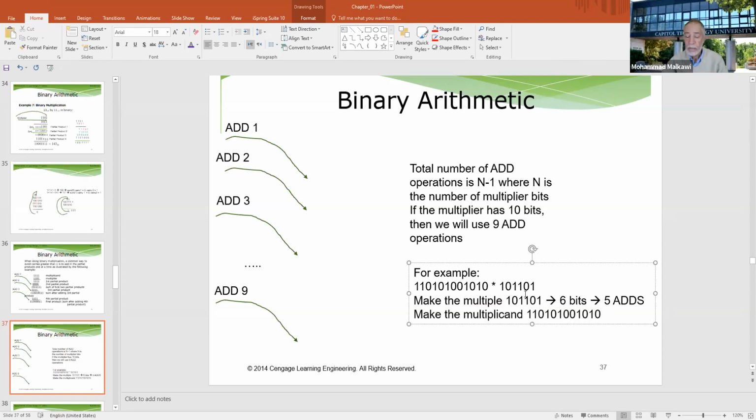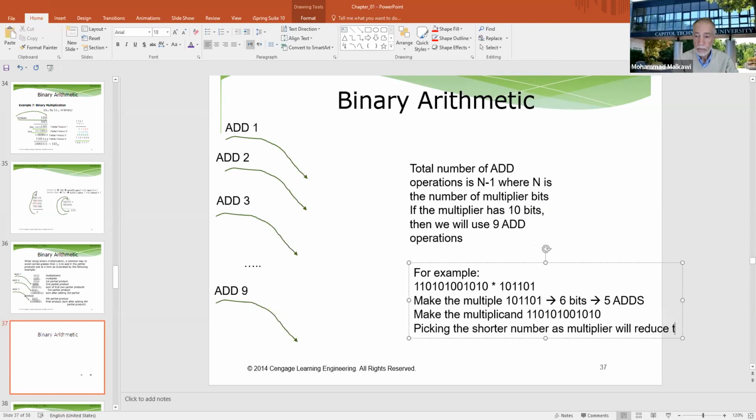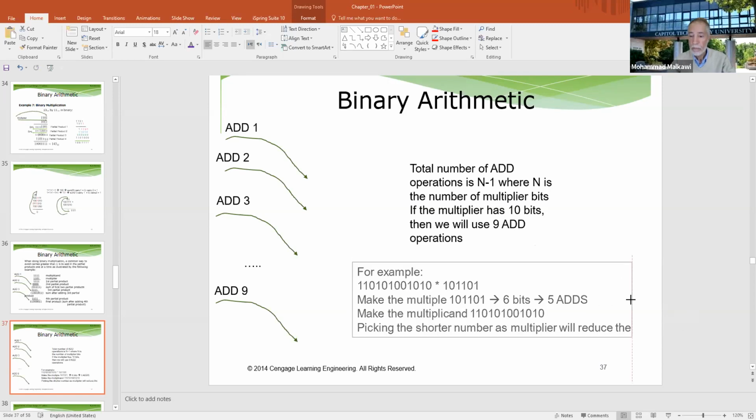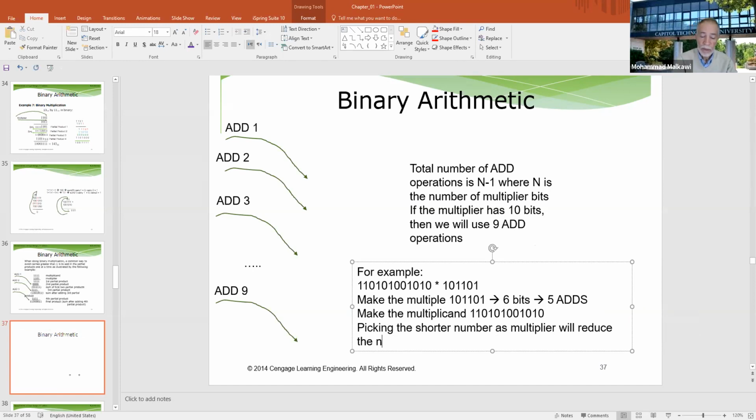And the multiplier, I will always pick the shorter as my multiplier, because that means I reduce the number of adds. So picking the shorter number as my multiplier will reduce, we reduce the number of add cycles, I would call it, because each one is going to be a cycle.